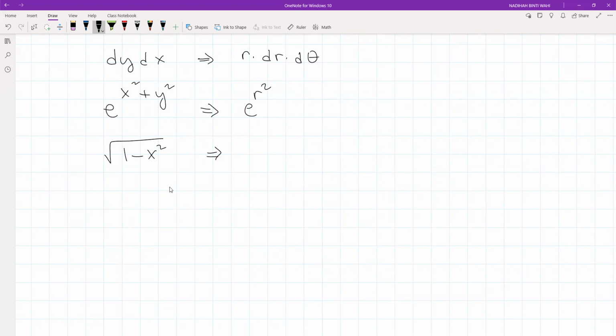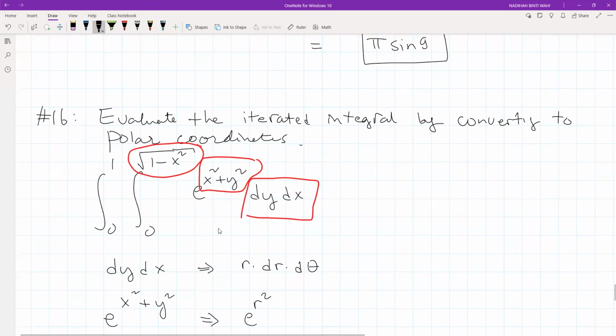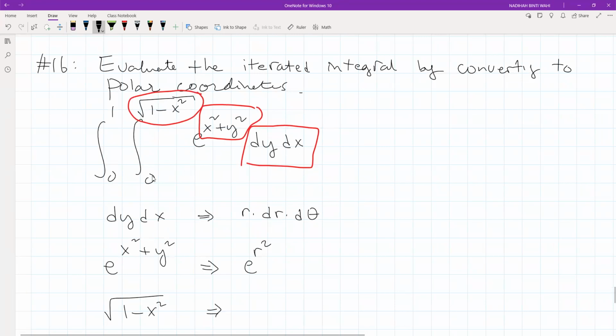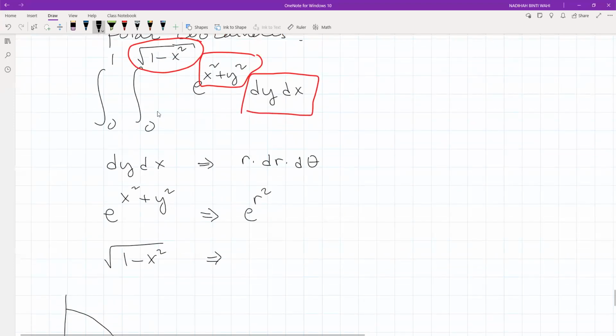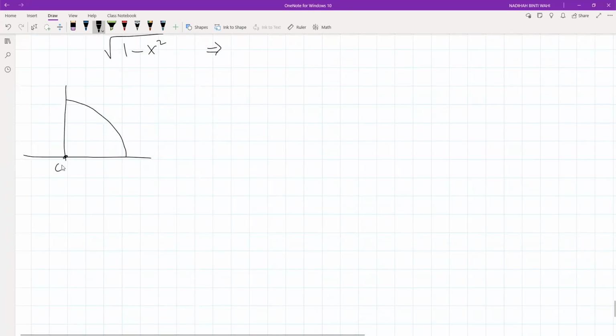So what is it like? y goes from 0 to the square root of, here, positive y. Why? Does it make sense? So y from 0 to this one, and x goes from 0 to 1. So we are looking at this quadrant.